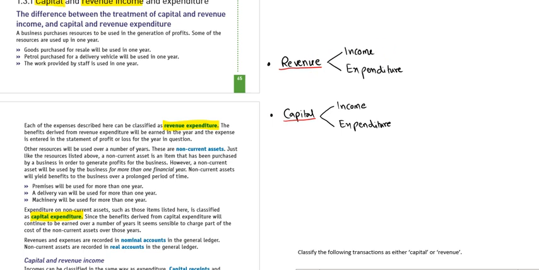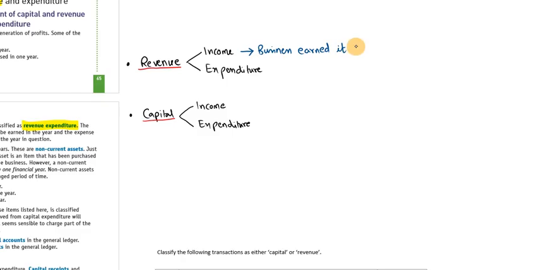So revenue income is what the business earns by selling the goods.